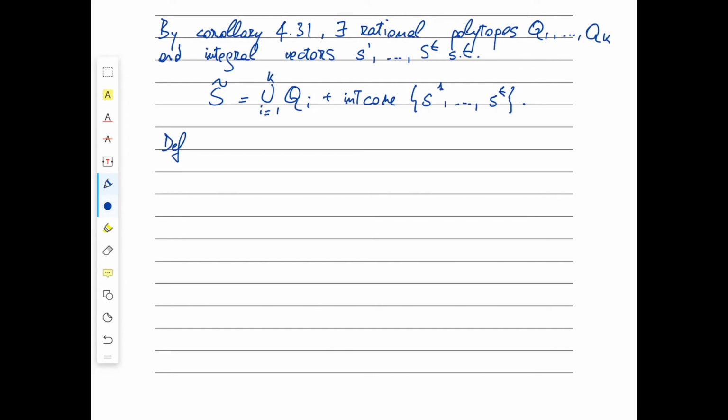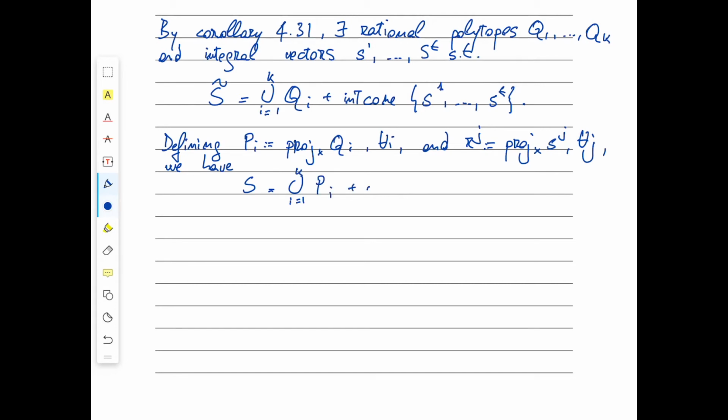So defining Pi as the projection onto the X space of each Qi for every i, and Rj as the projection of each Sj, we have S equal to the union for i equal 1 until k of each Pi plus the integer cone of R1 until Rt.